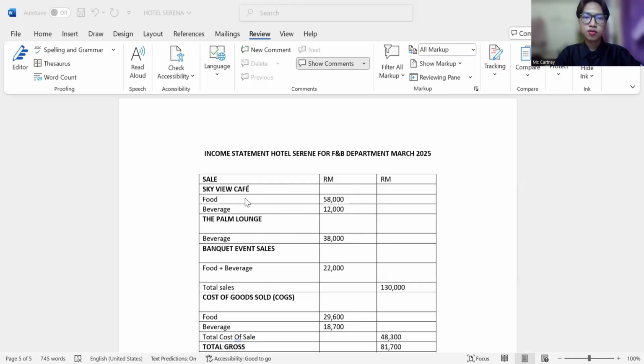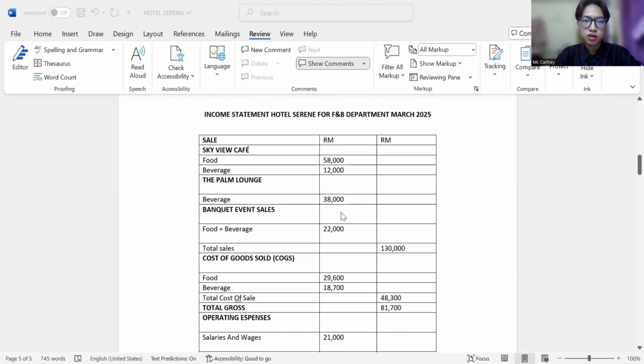The food sale at Skyview Cafe shows 48,000 and the beverage sale at Skyview Cafe is 12,000. The Plum Lounge beverage is 38,000 and the banquet event sale, food and beverage combined, shows 22,000.